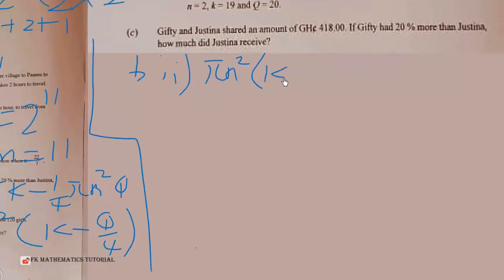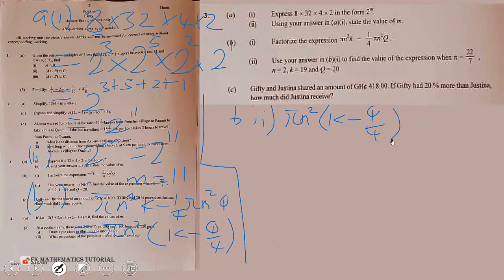It said when n equal 2, pi equal 22/7, then we have pi n squared into bracket k minus q over 4 will now be equal to 22/7 times n squared, which is 2 squared, into bracket k, which is 19, minus q, which is 20/4.